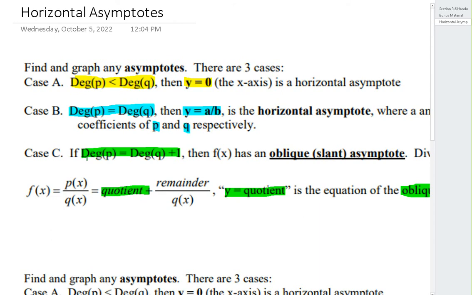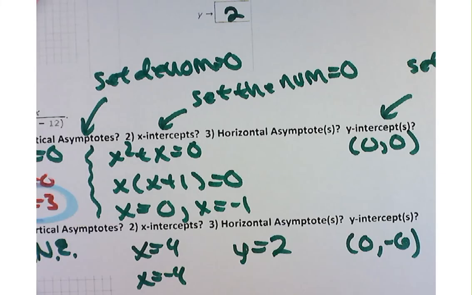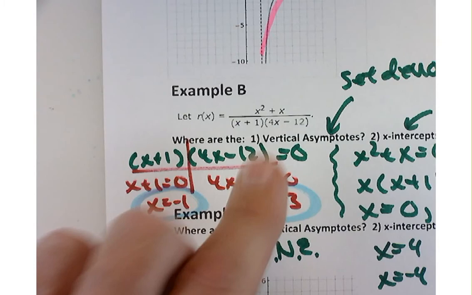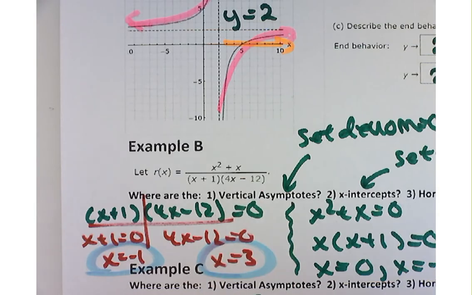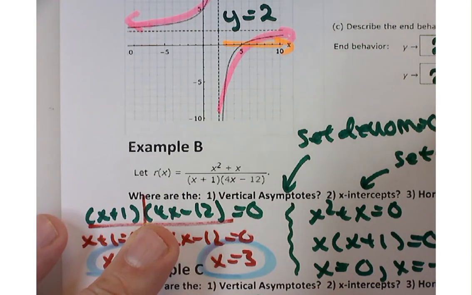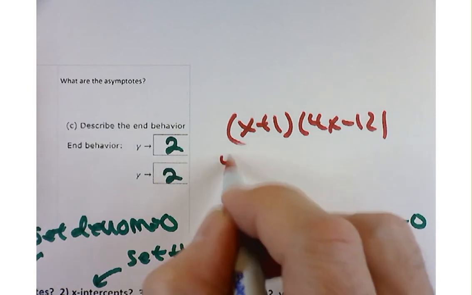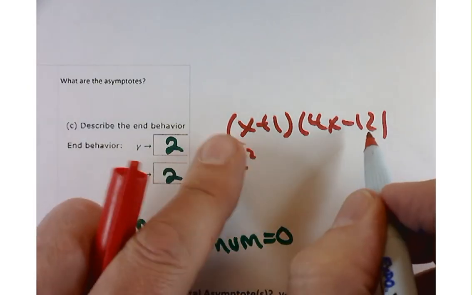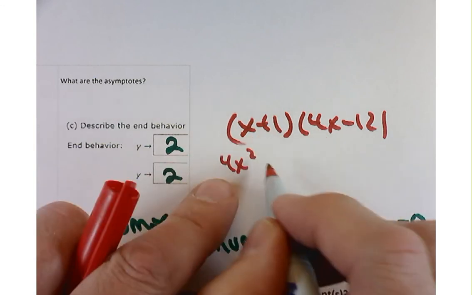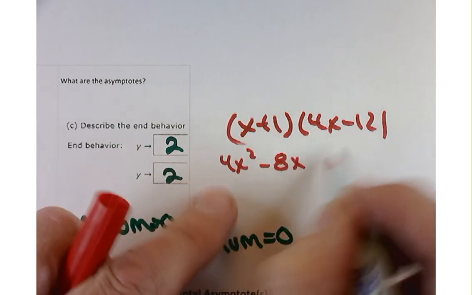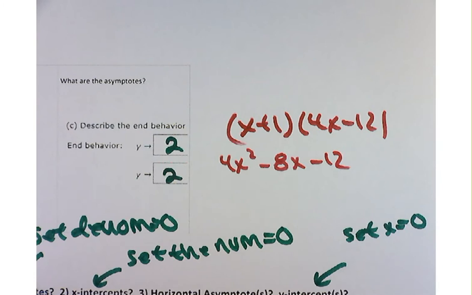Let's figure out what case we're working with for problem B here. Now, if you multiply x plus 1 times 4x minus 12, let's multiply out the denominator. That's going to be 4x squared, minus 12 plus 4 gives me minus 8x, minus 12.